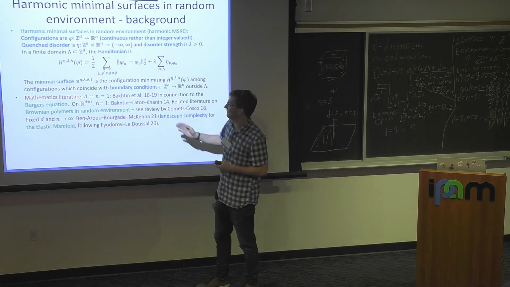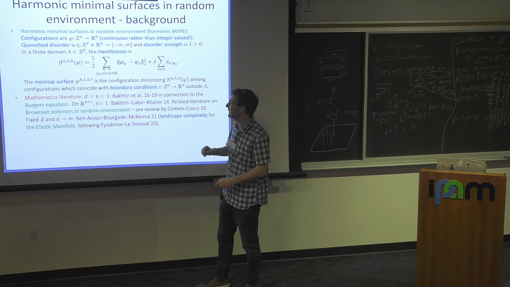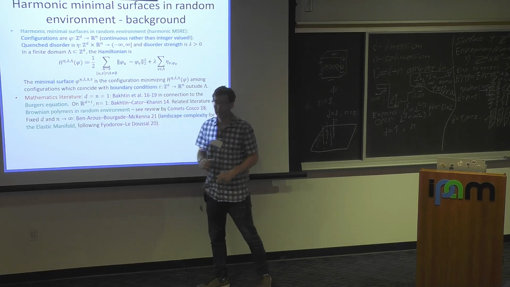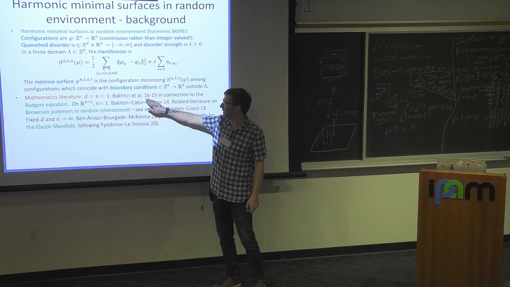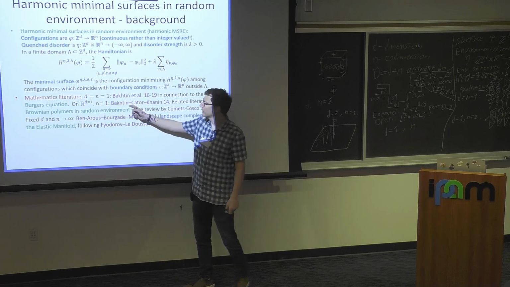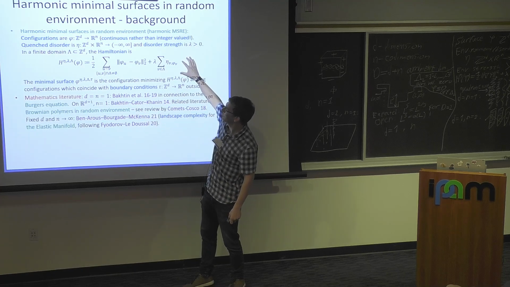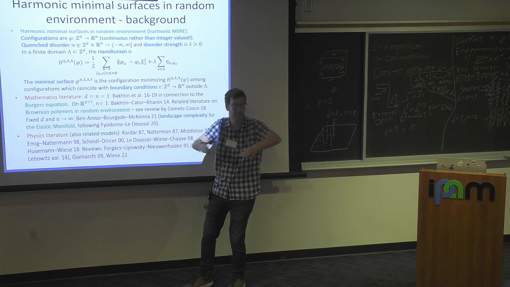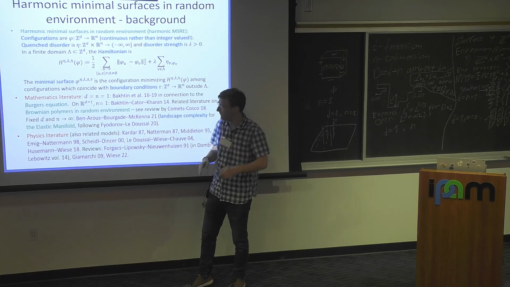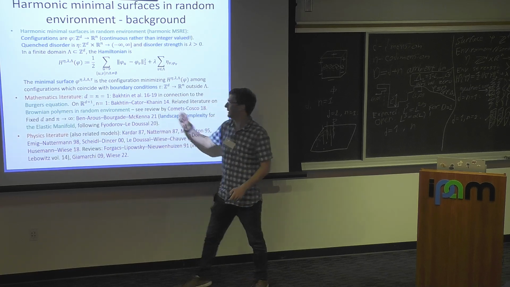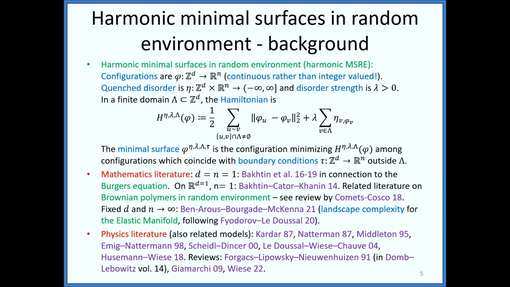And it appears to be mostly or only in the work of Yuri Bakhtin with co-authors. Several works exist from 16 to 19, and an earlier work, which is not strictly in this setup because the base is not Z^d, it's R^d, appeared with Kifer and Hanin in 14.